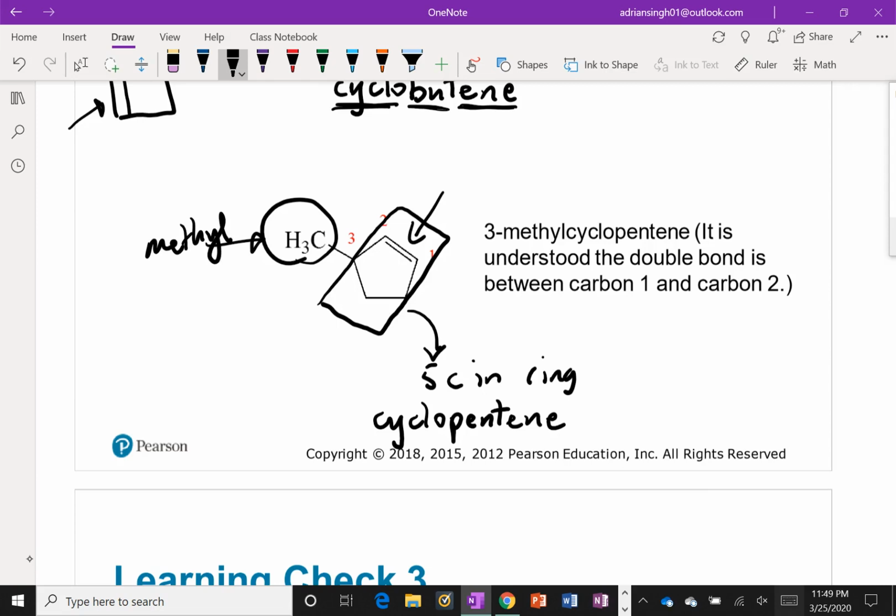So when it comes to numbering the ring, we said that what takes precedence in the numbering is the double bond, and we want to give the lowest number possible to the carbon that starts the double bond. So we have a couple choices here. We can start here with carbon 1, and you always number through the double bond.